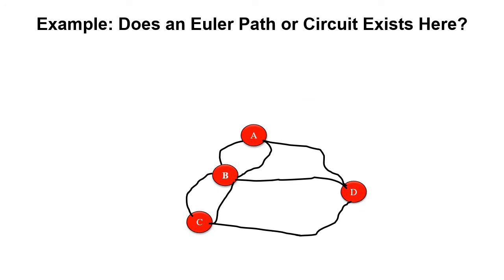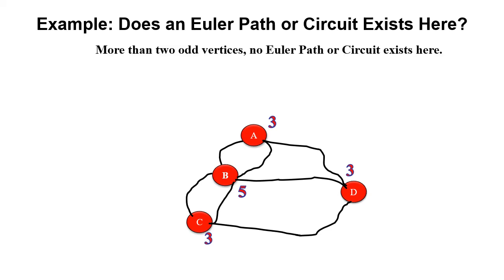Again, we have to look at the degree of the vertices. The degree of A is 3, the degree of D is also 3, and the degree of C is 3, while the degree of B is 5. So all vertices are odd, or it has more than 2 odd vertices. So no Euler path or Euler circuit exists here.